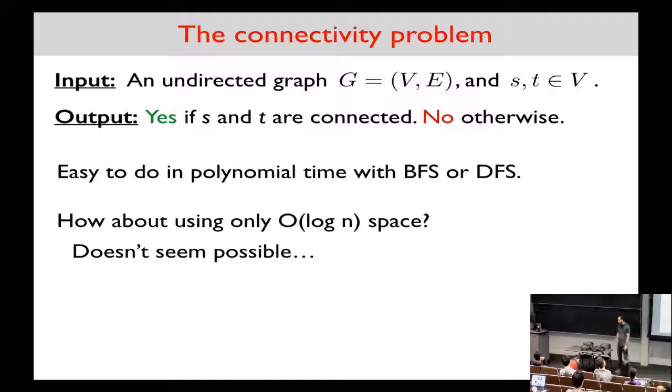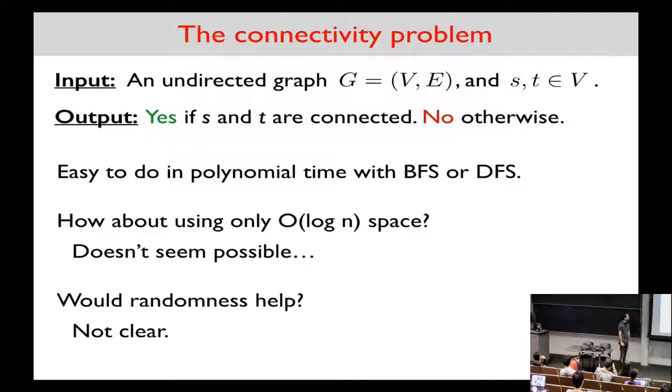It doesn't seem possible, but maybe we can do it randomly. So let's try to come up with a randomized algorithm. Can we do it in log n space? Would randomness help? It's not clear, but let's see. If I asked you to give me a randomized algorithm for this problem, what's the most obvious algorithm?